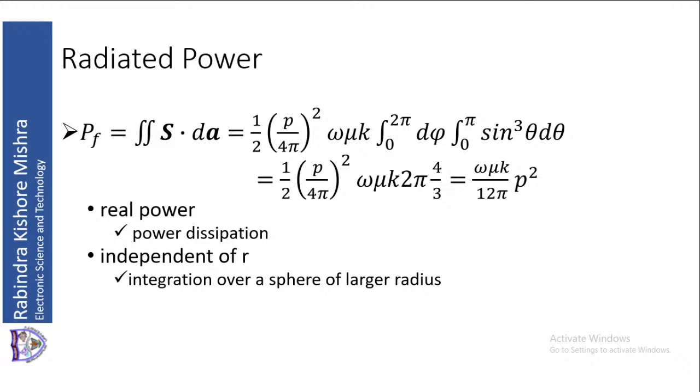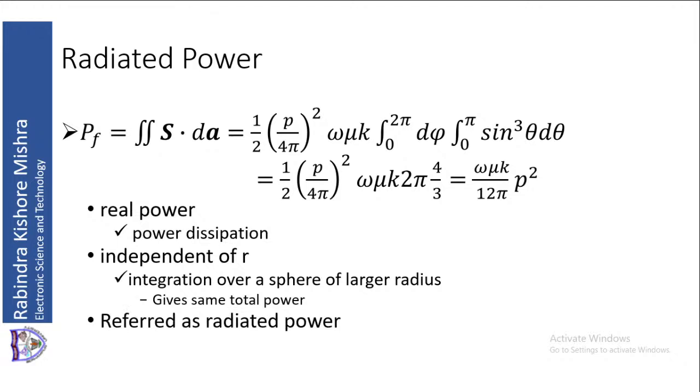Once you are in the radiated field or the far field, it does not depend on R. So integration over a sphere of larger radius will give you the same real total power as over a smaller radius in the far region. This P_F is called the radiated power.